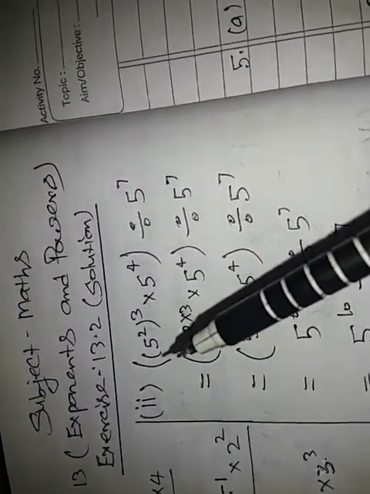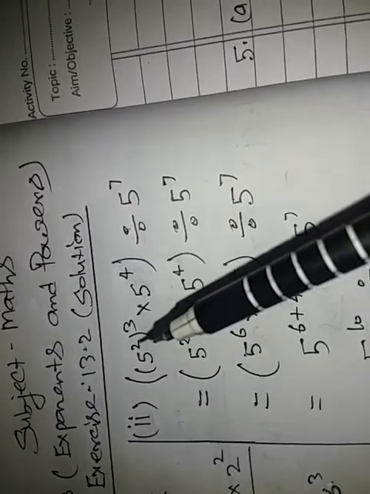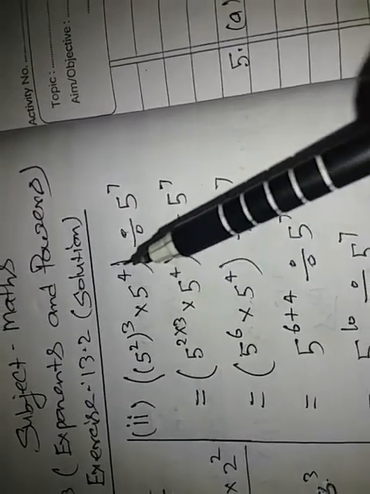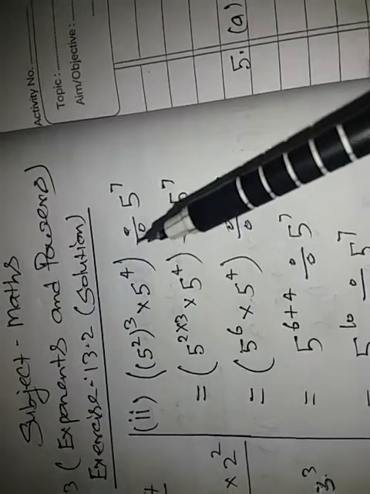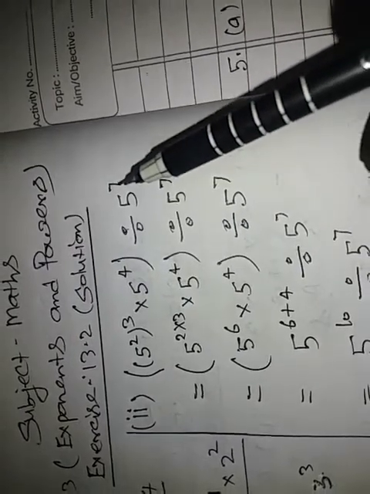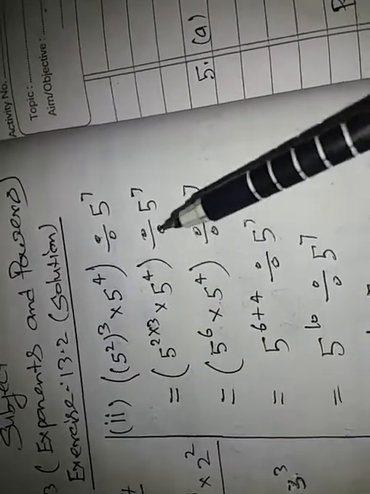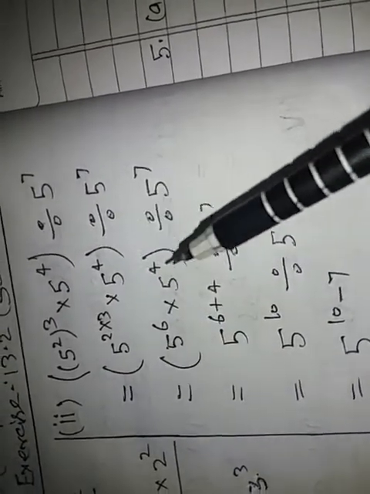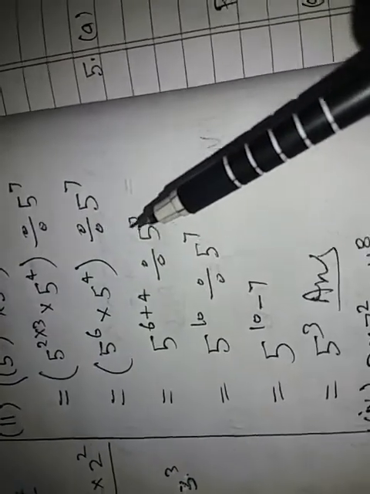Part 2 of question number 2. Here is given 5 to the power 2 whole power 3 into 5 to the power 4 divided by 5 to the power 7, which is equal to 5 to the power 2 into 3 into 5 to the power 4 divided by 5 to the power 7. 5 to the power 6 into 5 to the power 4 divided by 5 to the power 7.